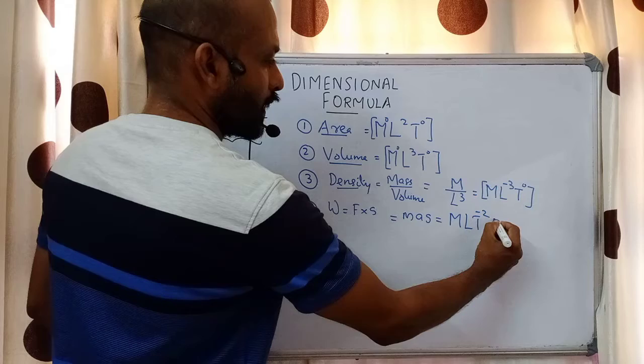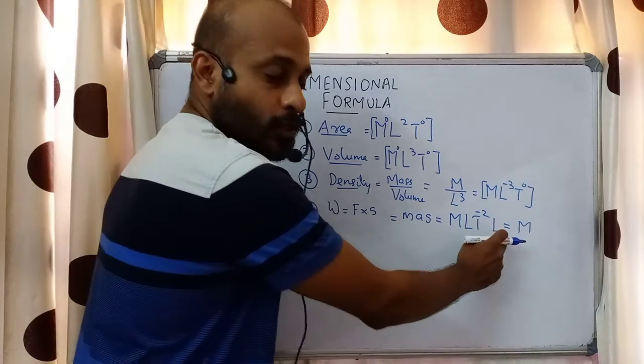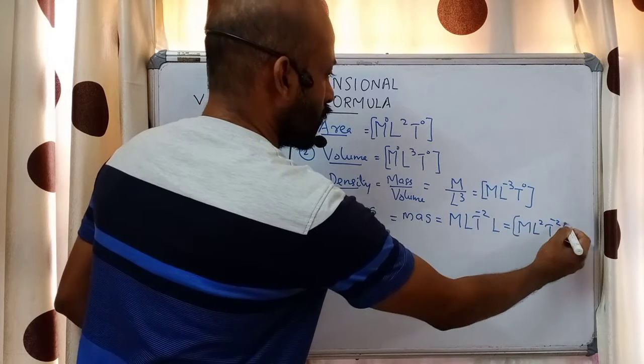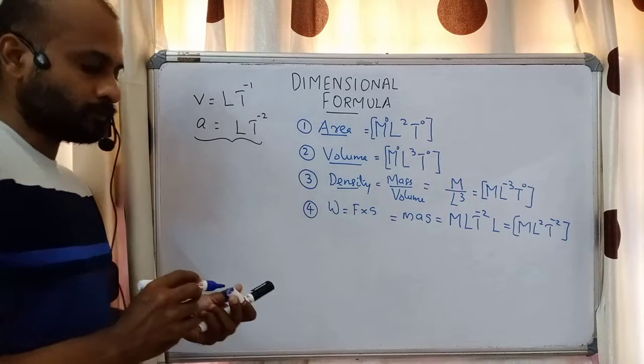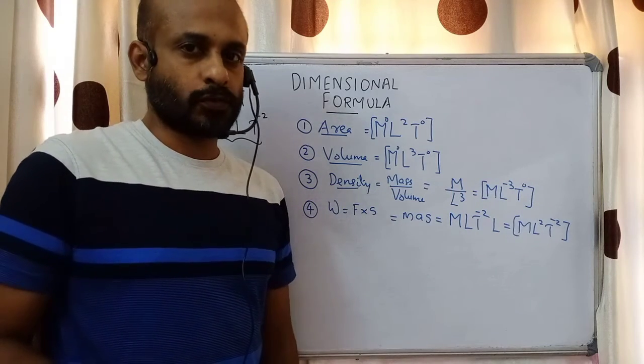Then displacement we write L. When you multiply, what will you get? M into L, L square. So M L square, T raised to minus 2 is the dimension formula of work.